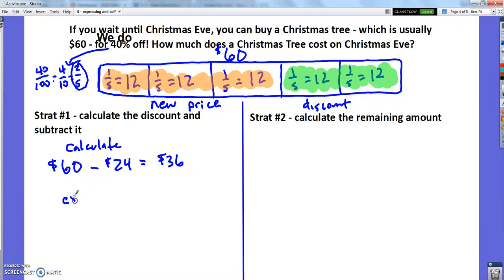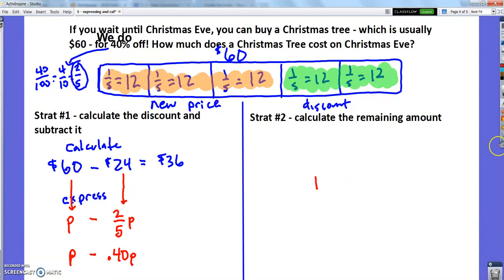And to show that with some algebra, I took the price of the tree, P for price, and I took away 40% or 2/5 of the price. So I either took away 2/5 of P, or you could do it with a decimal too. You could say the price minus 40% of the price. So these are expressions to show me how to calculate it for any price. It doesn't have to be $60.